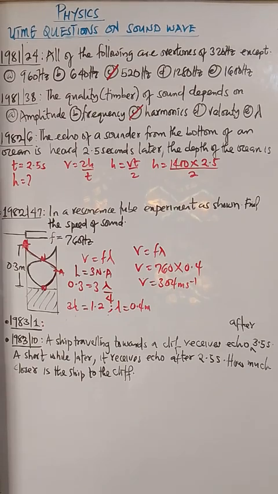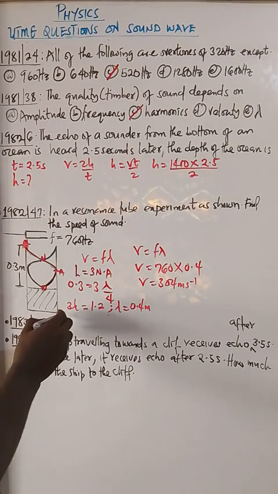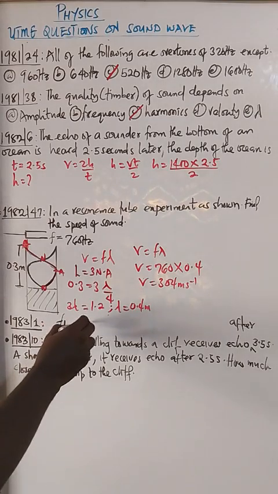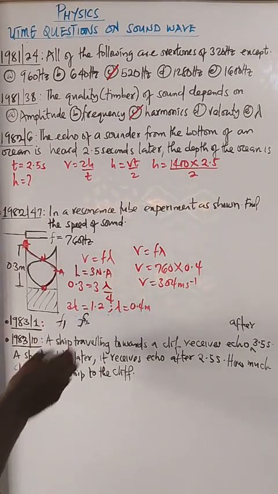If the tuning fork with the lowest frequency which gives resonance has a frequency of F1, and the next tuning fork gives resonance at a frequency of F2.